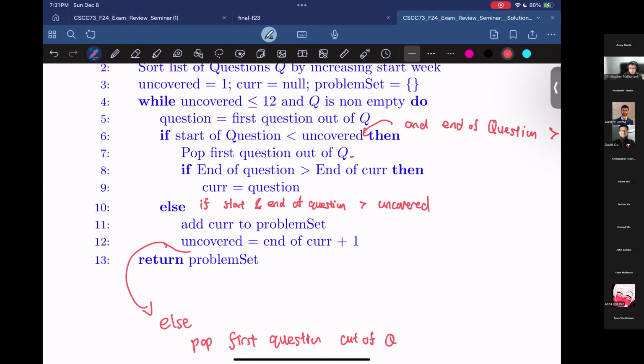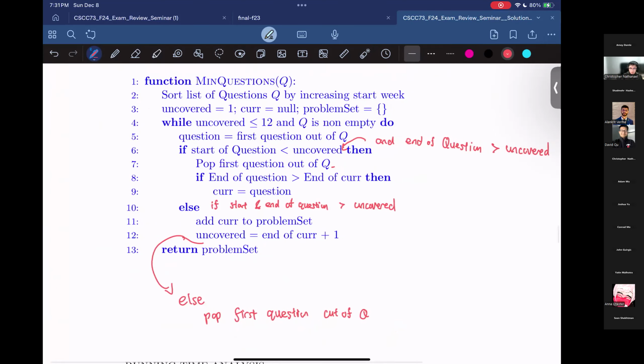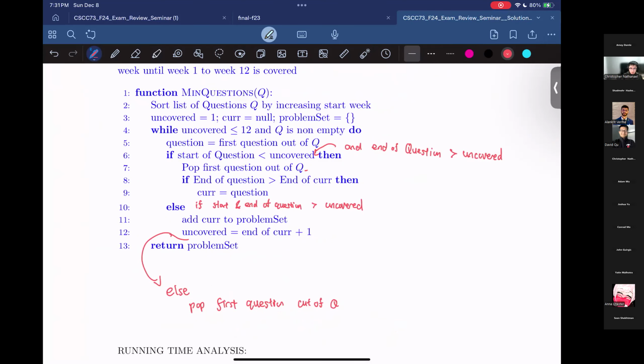Cur equals question. Is it this else case or is it the second one?